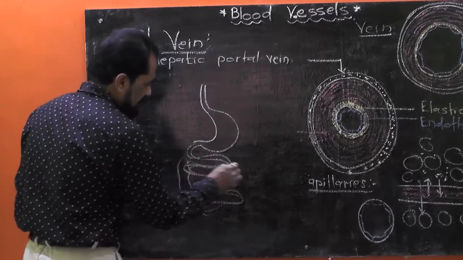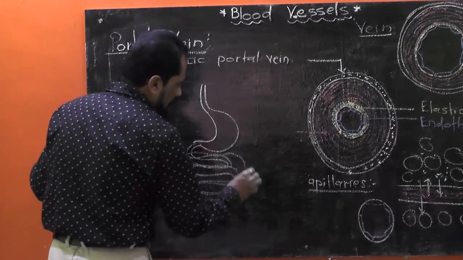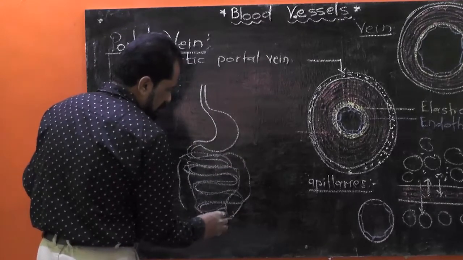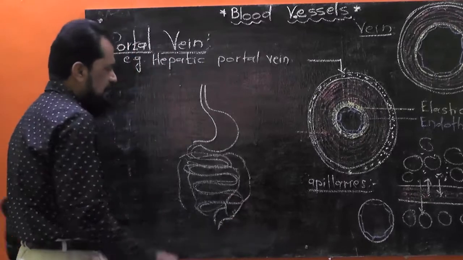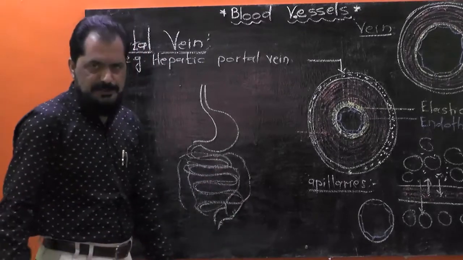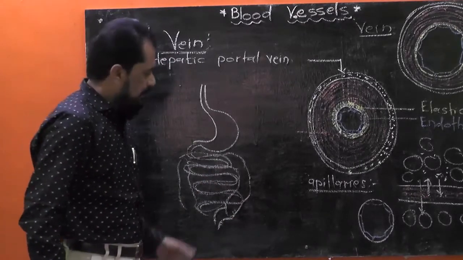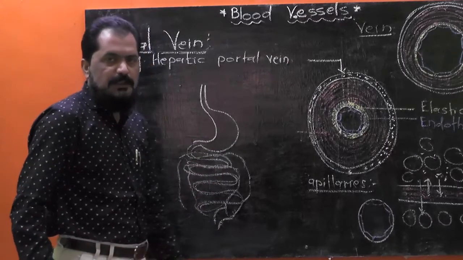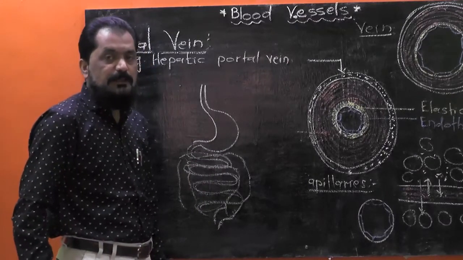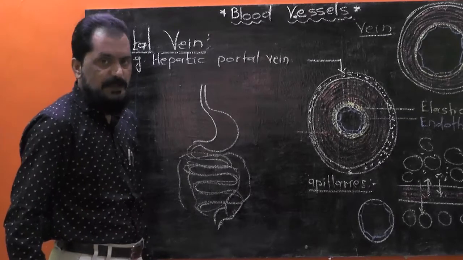large intestine etc. We all are aware that mainly digestion takes place in the small intestine, and the wall of small intestine is highly vascular. It has a very rich supply of blood capillaries.